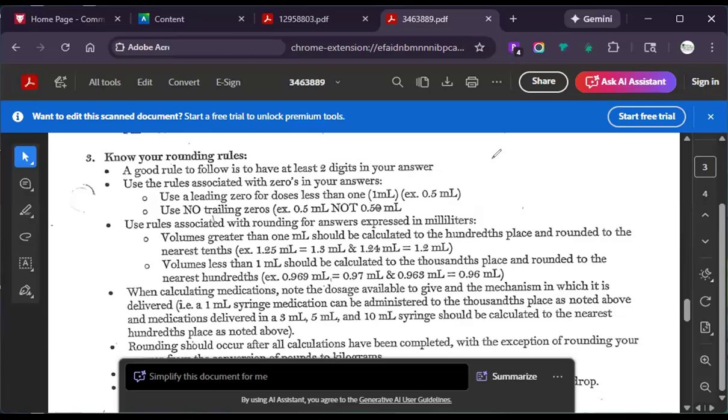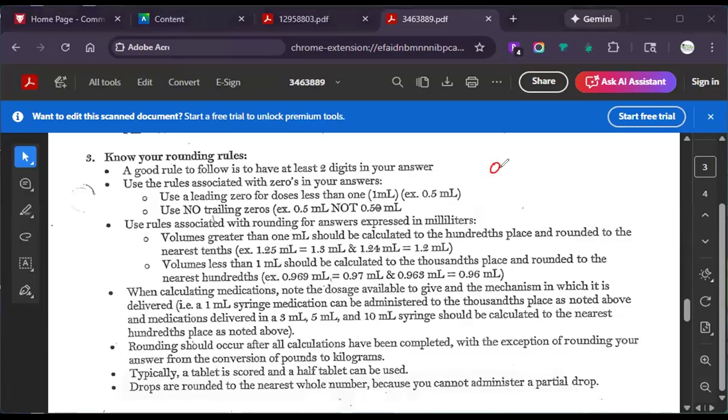So let's say I have an answer that's 0.125 milliliters. We want two significant numbers, and I'm going to look at this number here to tell me whether to round this to 0.13 or to just drop this last number. So if it's five or greater, we're going to round that answer to 0.13 milliliters.